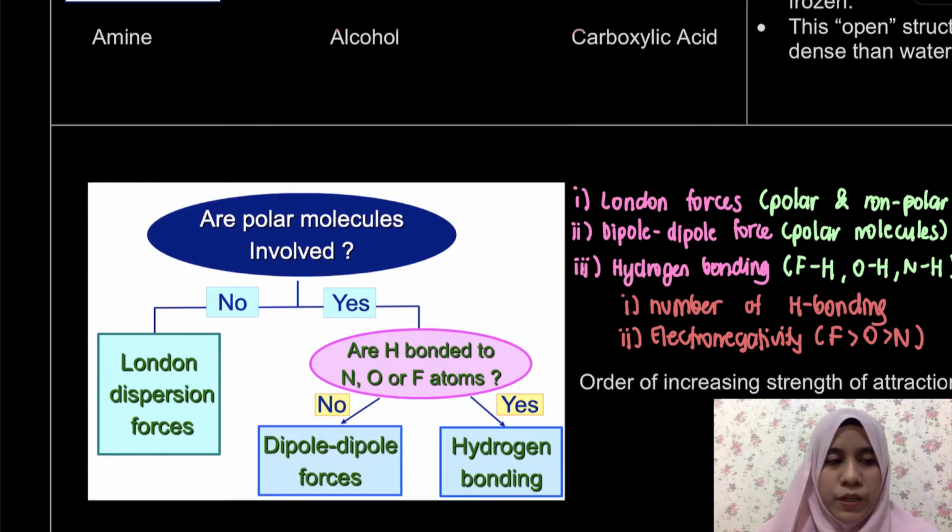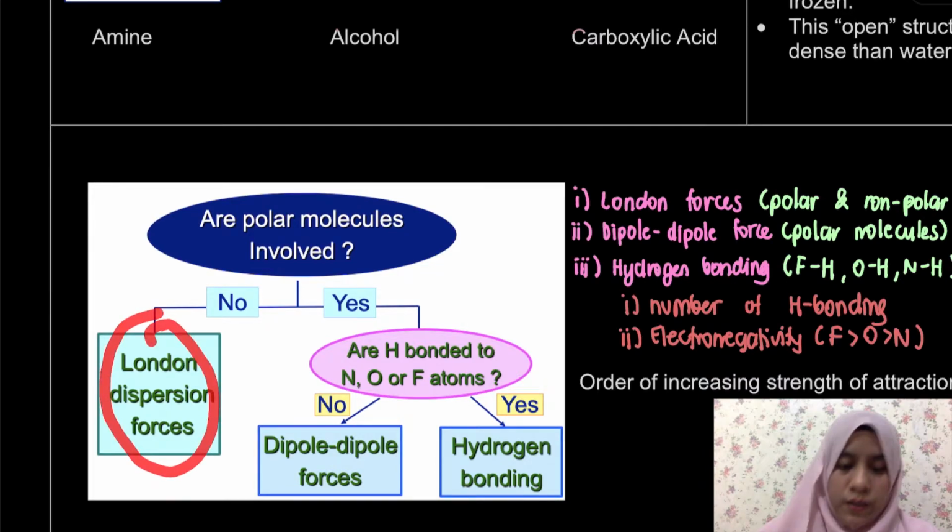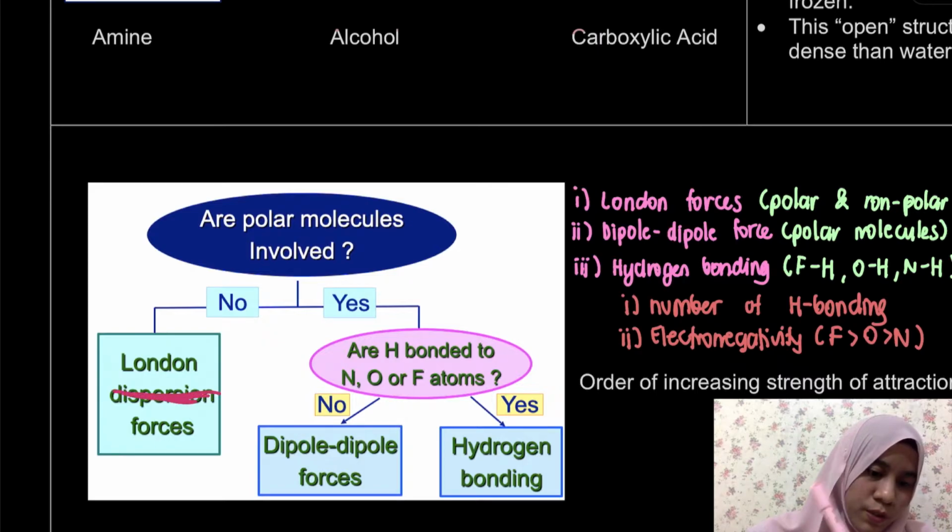This is also a simple summary. For a given molecule, first determine whether it is polar or non-polar. If you know it is non-polar, it will be easier to determine that it only has London force, also called London dispersion or dispersion force.